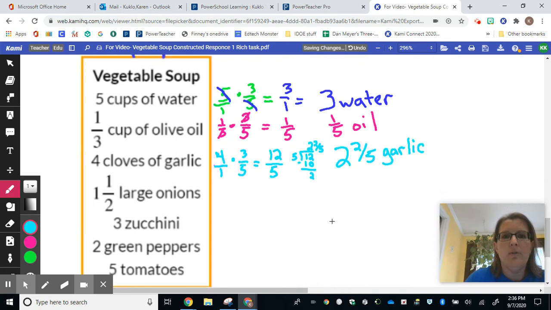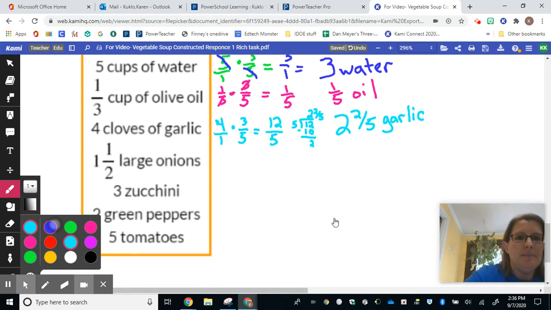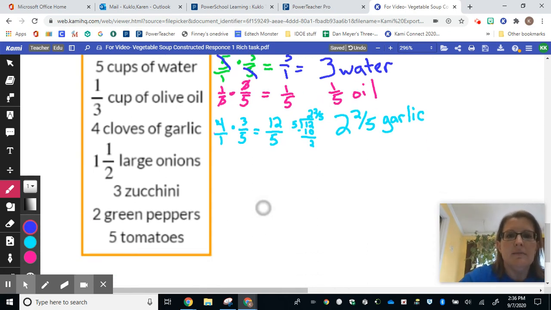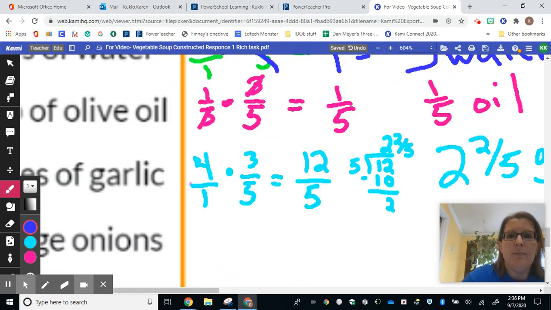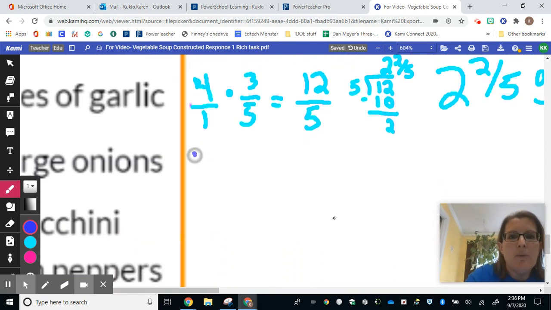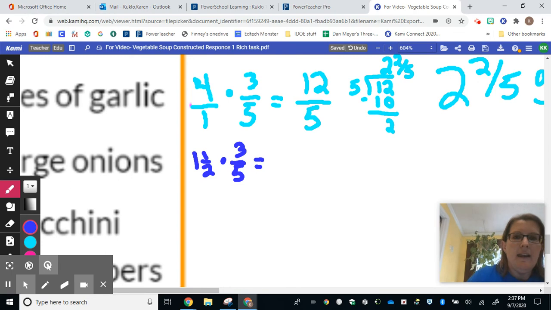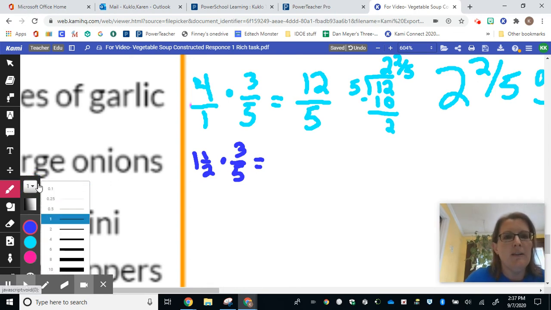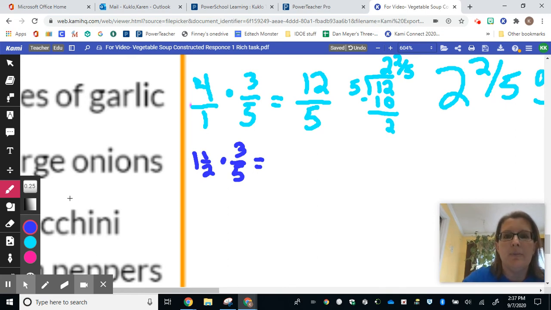And next is 1 1/2 large onions. So same thing. I need to multiply my 1 1/2 onions times 3/5. And when you zoom in, you can also change the size of your line so that it's a little bit thinner. So I need to change my 1 1/2 into an improper fraction.